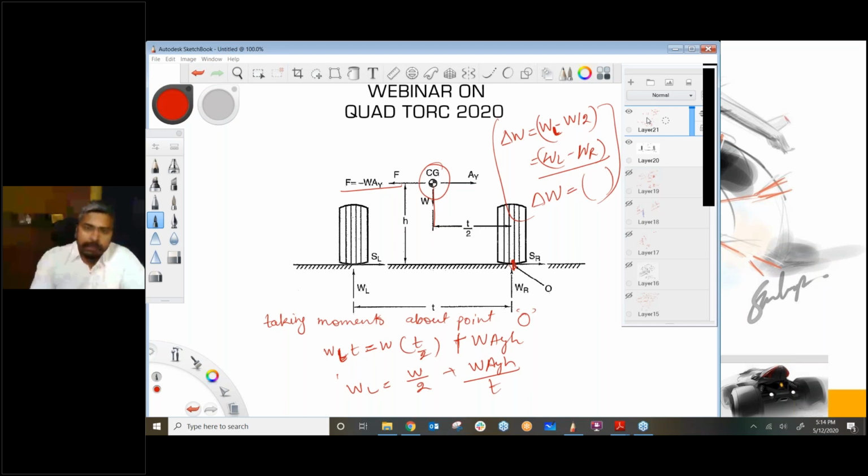Okay. Now I will share this complete document with you. This document has CG location, lateral load transfer, longitudinal load transfer, and chassis stiffness too. This has corner banking moments, and basically the effects of banking.